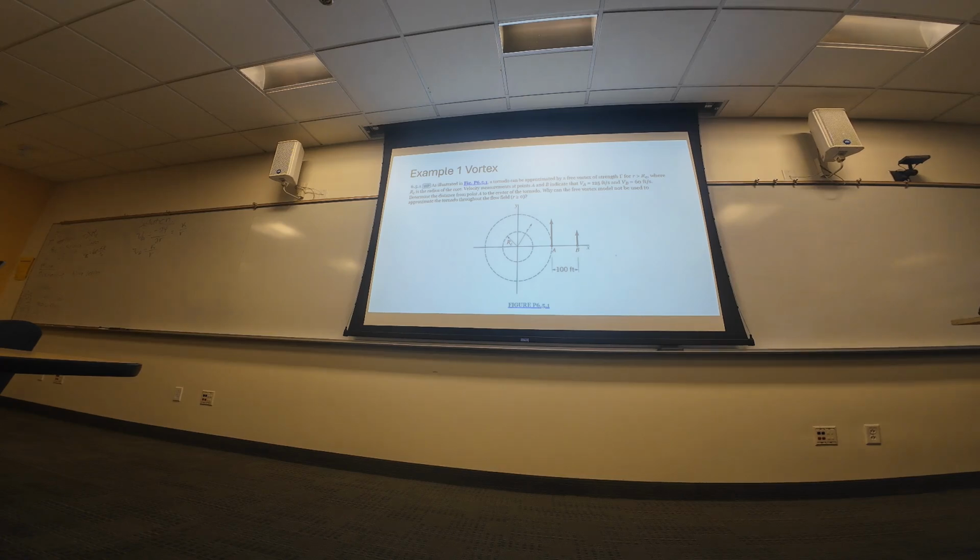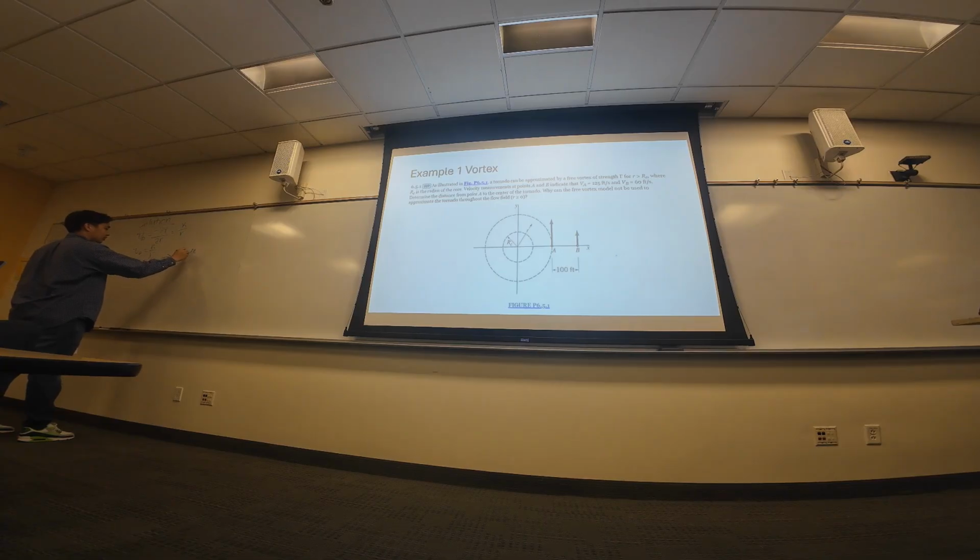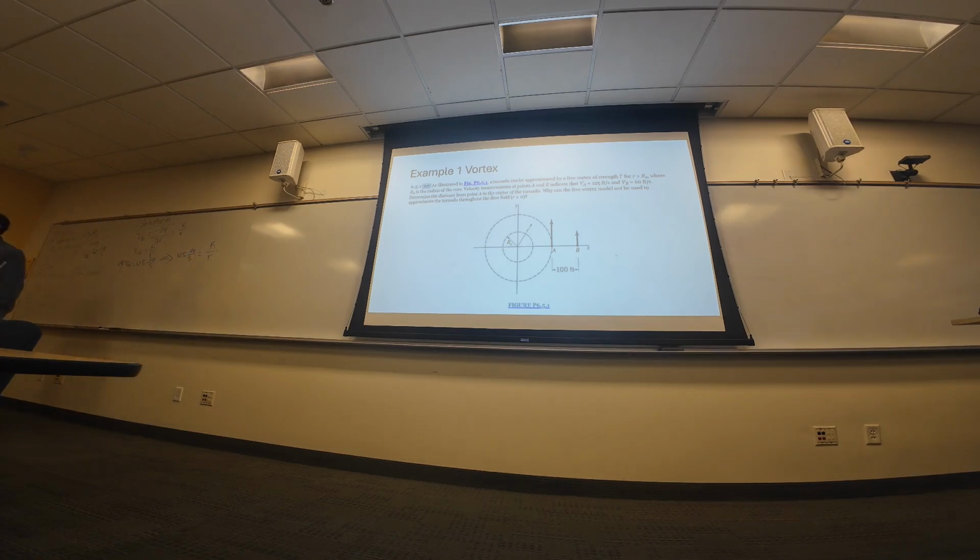So now we're just going to plug in our values. We have 125 feet per second and 60 feet per second, so we just plug in our velocities. At VA equals 125 feet per second, we plug that in, and we have 125 feet per second is equal to K, a constant, divided by R. And like I said, my physics 2 teacher had a good habit: every time you write a number, you write a unit.